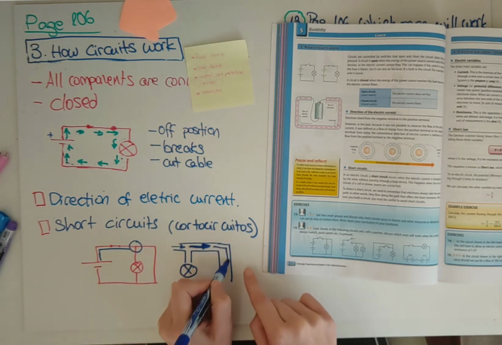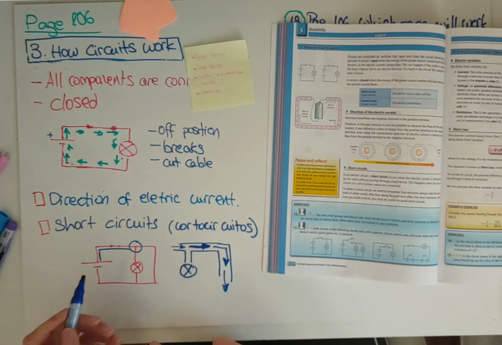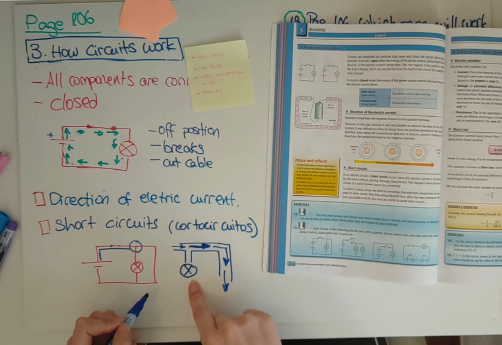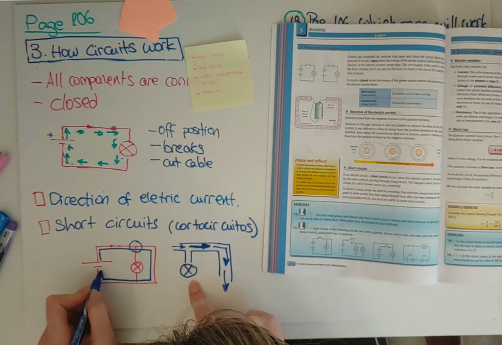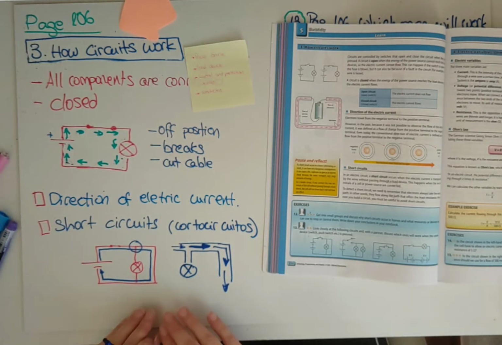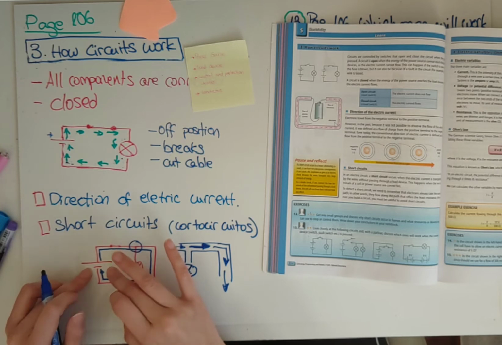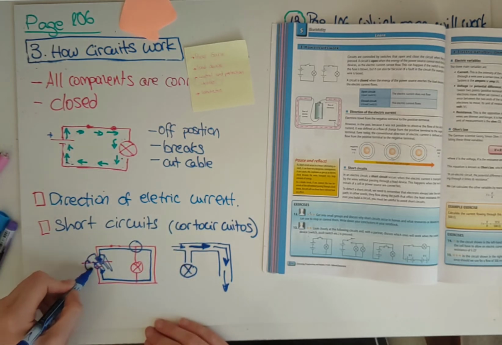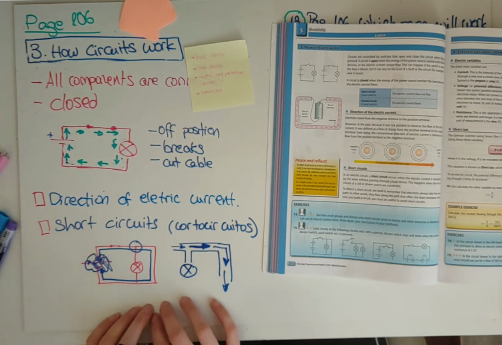It's going to travel through the easiest path, so the lamp won't work. Okay? What happens? The battery can't absorb this energy and burns. So we have to prevent these short circuits, okay?